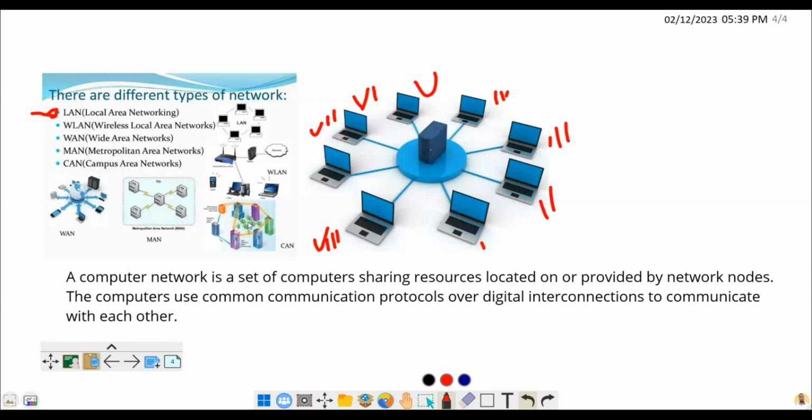When we come back, we are going to look at the advantages of networks and how we can utilize them. Then we shall look at different network topologies, the four main topologies of network: the ring topology, bus topology, star topology and mesh topology.